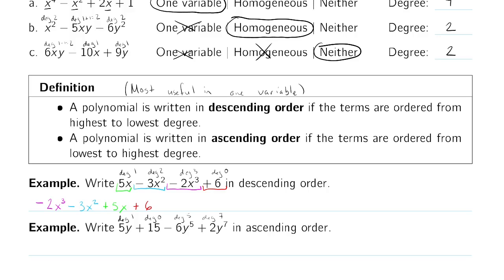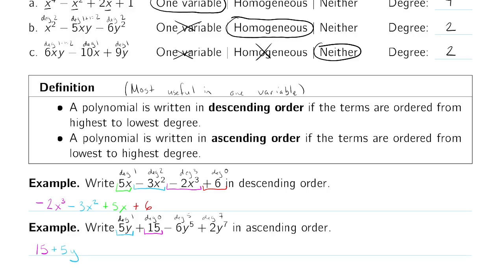To go in ascending order, we want to start with the lowest degree term, which in this case is the degree 0 term. So we start with 15, and then next we'll have our degree 1 term, 5y.